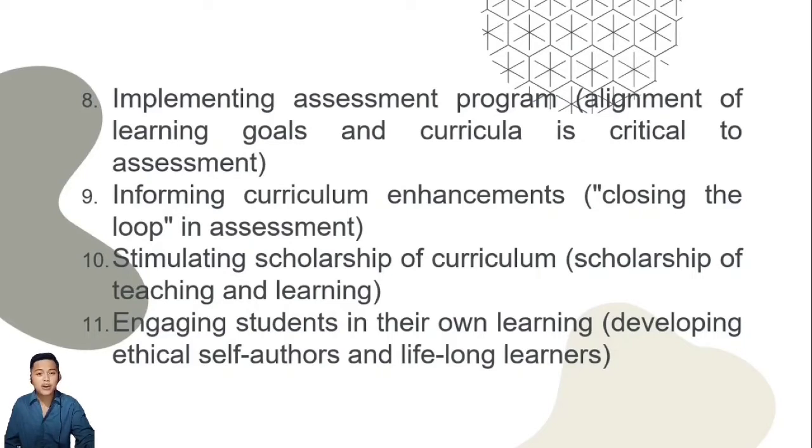In curriculum mapping, we are trying to find holes or mistakes and determine those loopholes as much as possible in order to have a comprehensive curriculum guide. Next is stimulating scholarship of curriculum. And lastly, engaging students in their own learning, developing ethical self-authors and lifelong learners.